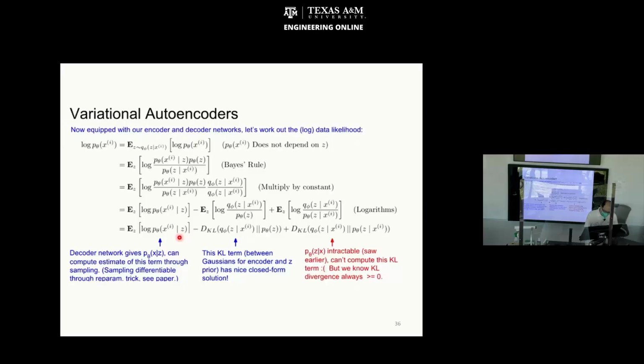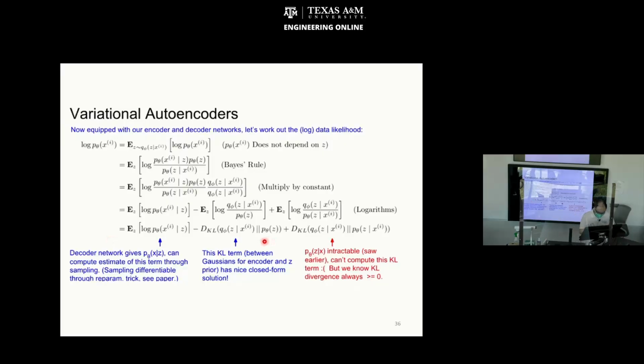The first term is x given z, that is the decoder with the parameter theta. So we can estimate this one by sampling, basically. We can just take samples from the decoder and estimate this expectation by sampling, right?